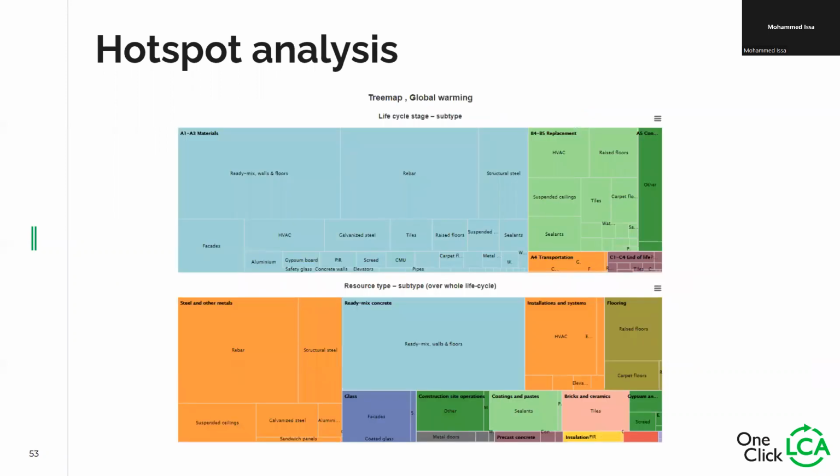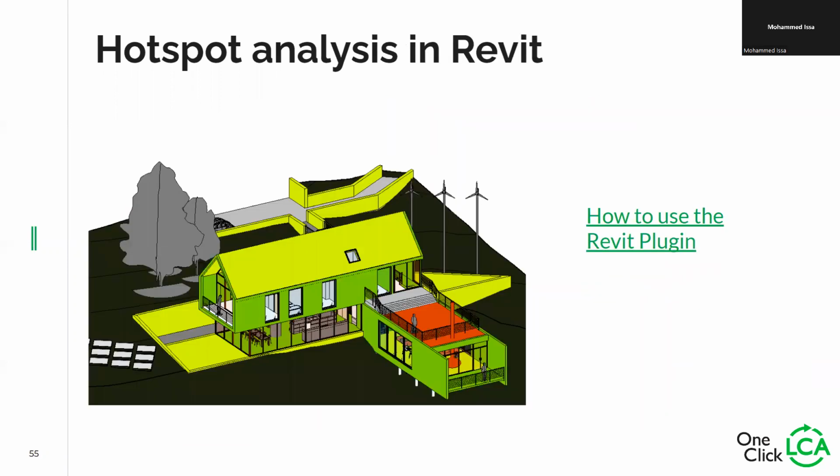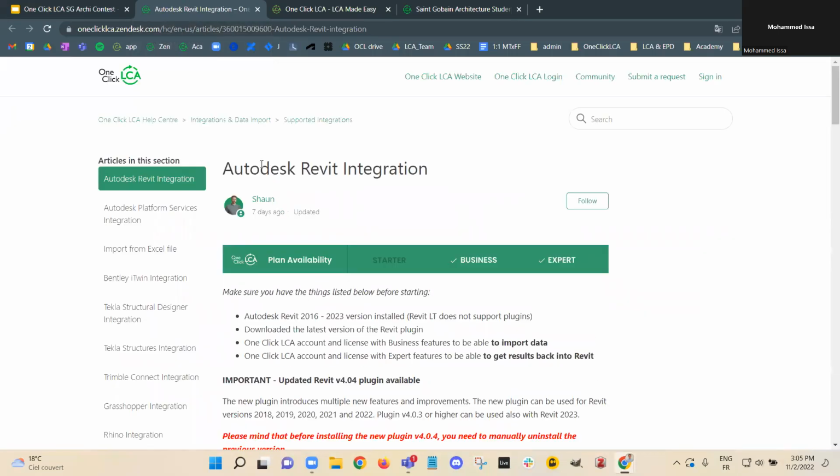You can also use the tree map graphs, these column graphs as well, or you can perform a hotspot analysis in Revit. I will not have time to cover the Revit plugin today, and I recommend you to click on this link, which will send you to our help center, which explains how to use Autodesk Revit integration.